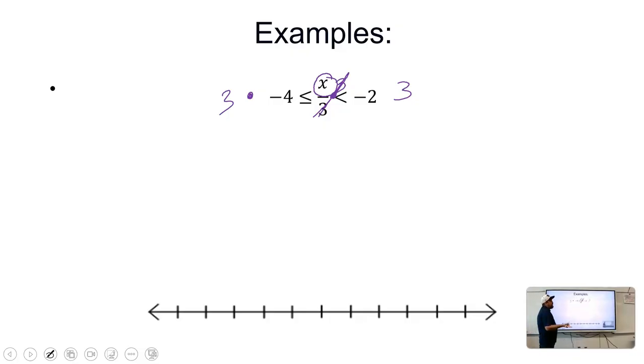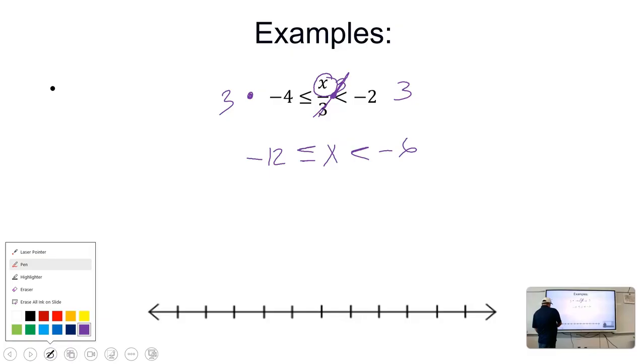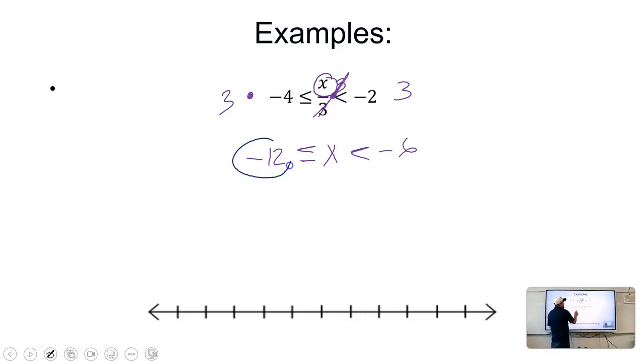So 3 times -4 is -12. Less than or equal to, the x is still there, less than -2 times 3 is -6. And there I have solved the compound inequality. We have boundary points at -12 and at -6.